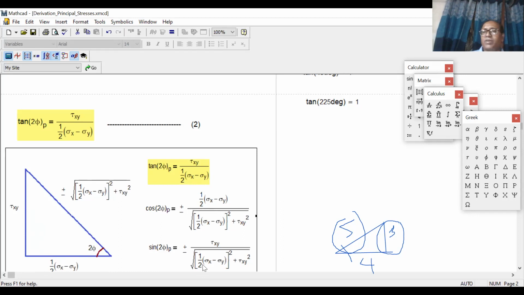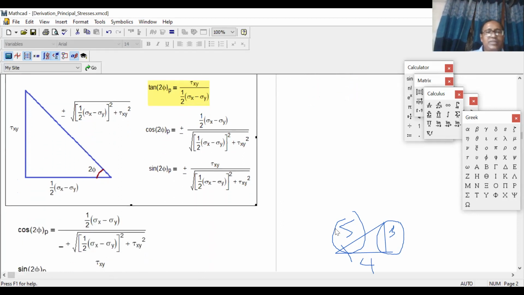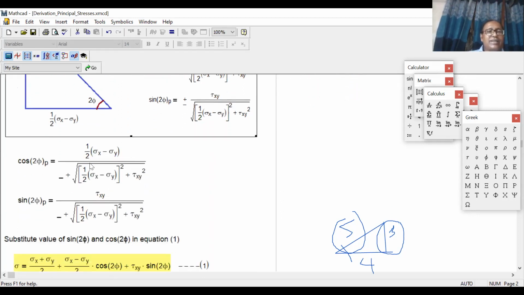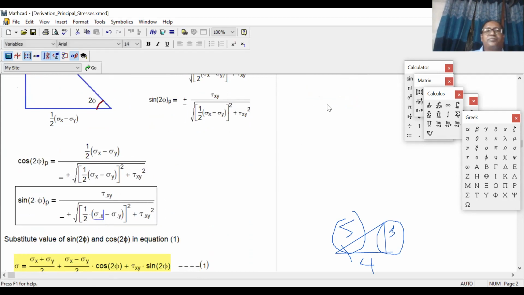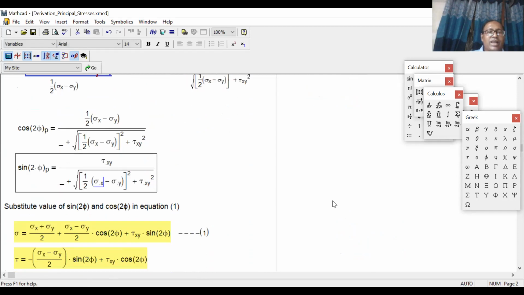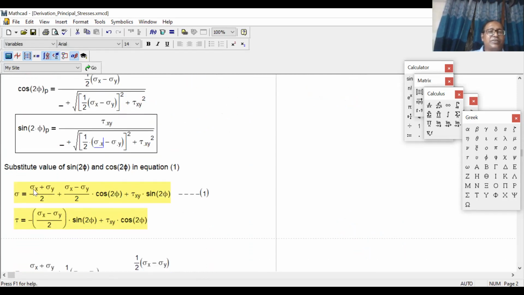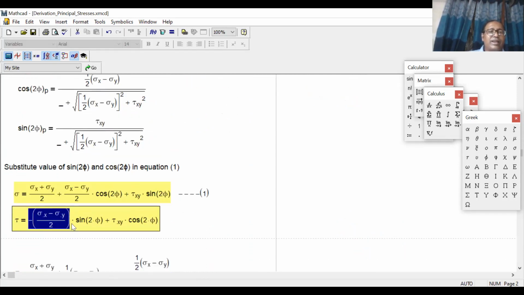Right over here. Okay. So these two values I just write over here again. Now these two values I'll put in my mother equation, right over here and right over here. Then I look at what is going on, what kind of formula I'm getting if I take out the sin phi and cos phi.